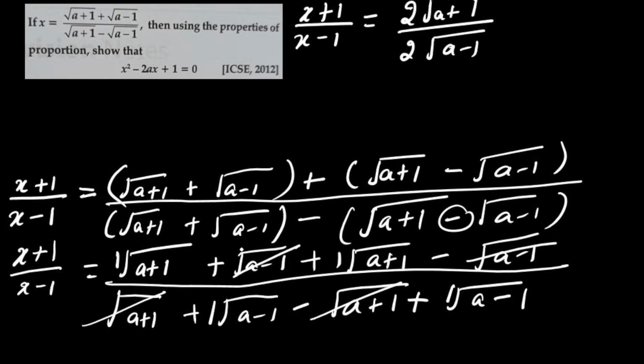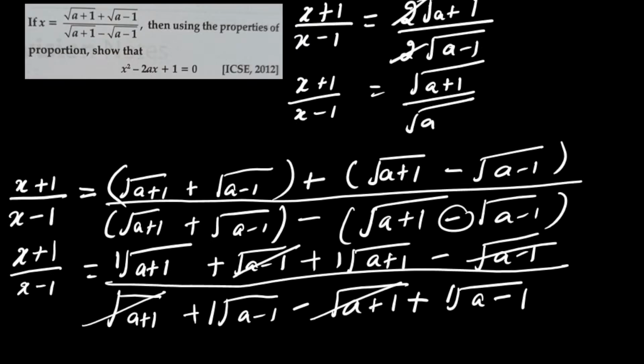So 1 plus 1, 2. Here also 1 plus 1, 2. So this 2 and 2 will get cancelled. Now I have x plus 1 upon x minus 1 is equal to root a plus 1 by root a minus 1.